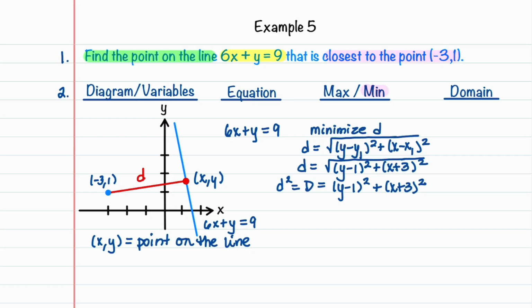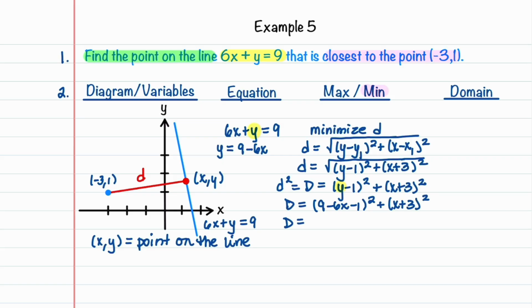Now what we want to do is substitute in for y, and we're going to go back to our equation for our line and use that to find y. So let's write down that y is equal to 9 minus 6x. So let's plug this in. Capital D is (9 minus 6x minus 1) squared plus (x plus 3) squared.